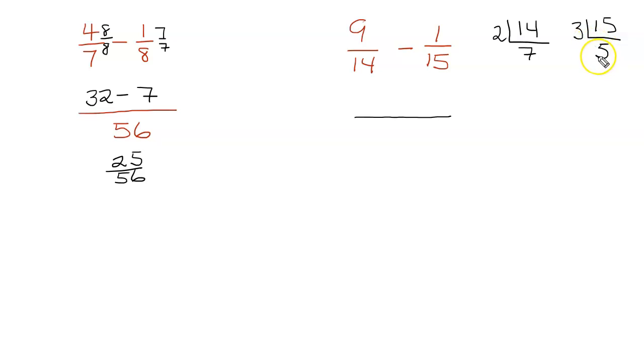Now, what will we need to get our common denominator? Well, we're going to need each of these factors since they're all different. So we're going to need a 2, a 7, a 3, and a 5. So in a sense, in this case, we're multiplying 14 times 15, and our common denominator is 210.